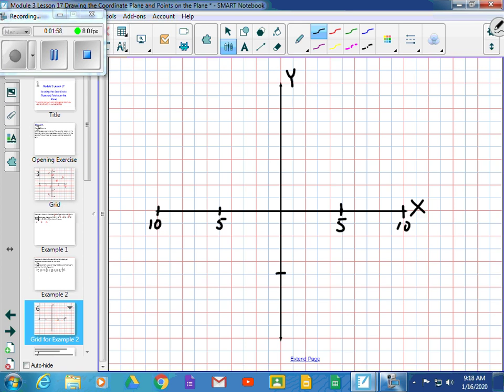I'm not going to call each one 5, but I'm going to mark it off every 5th one. And if I'm going by fives, that will be 25 and -25, 50 and -50. Now we have scales on our axes that can fit the points.